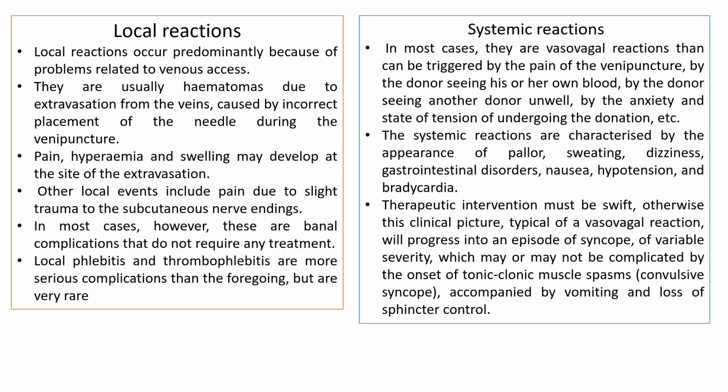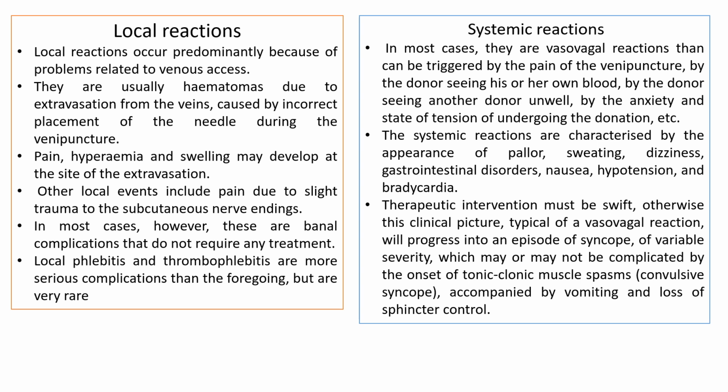What is the difference between the local reaction and the systemic reaction? The local reaction predominantly occurs because of a problem related to the venous access. So there can be hematoma due to extravasation of blood from the veins, or it can be caused by incorrect placement of the needle during the venipuncture.